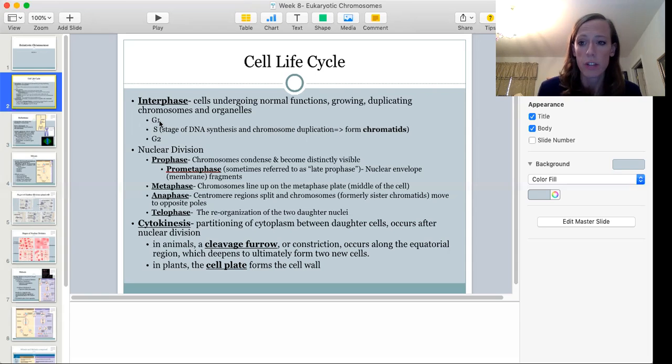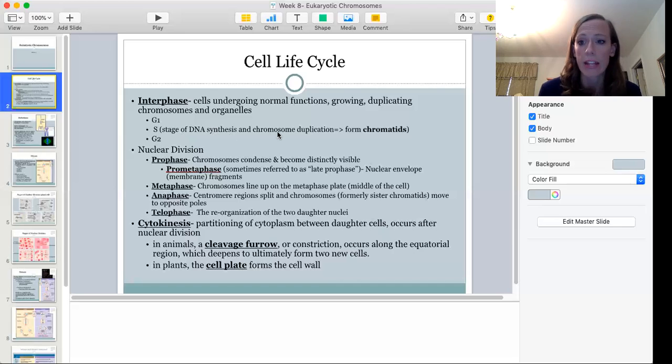The S stage of interphase is particularly noteworthy for us because we want to take special note that this is where there's replication of the chromosomes. Within our nucleus, we have all the genetic material for that cell encoded in chromosomes.